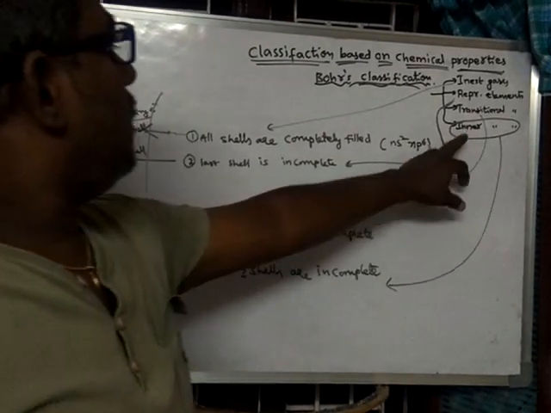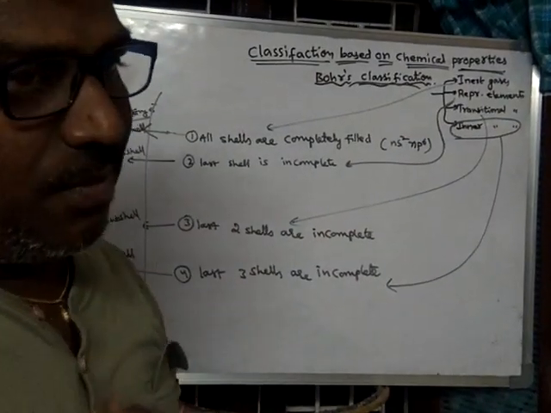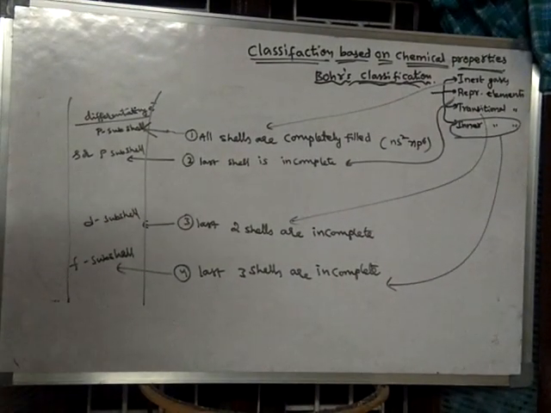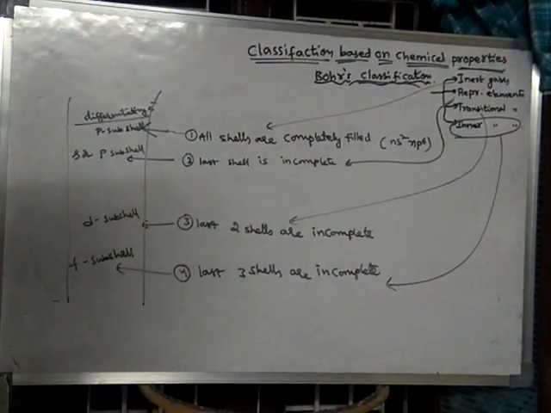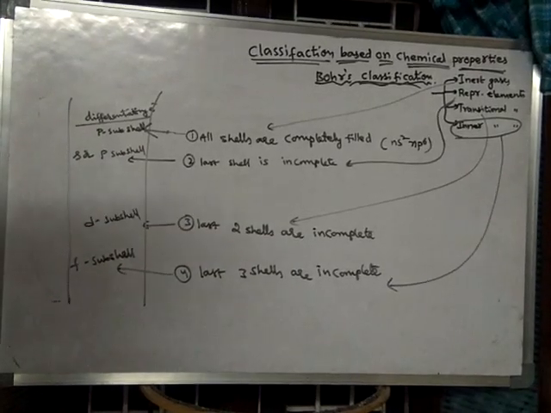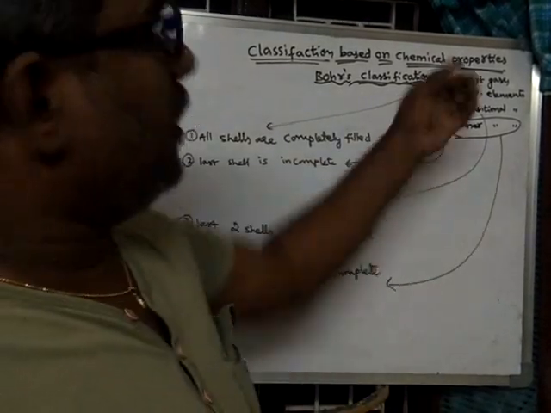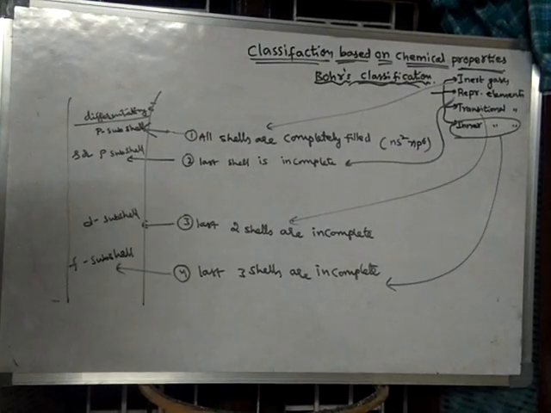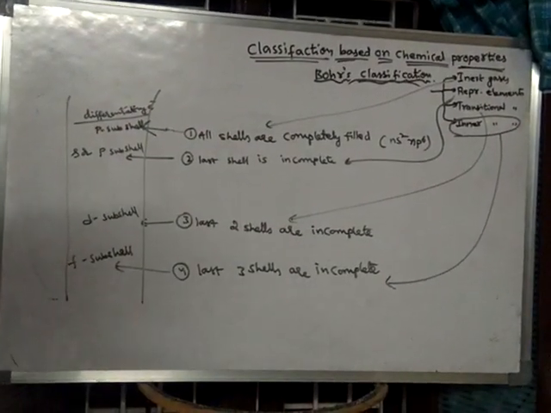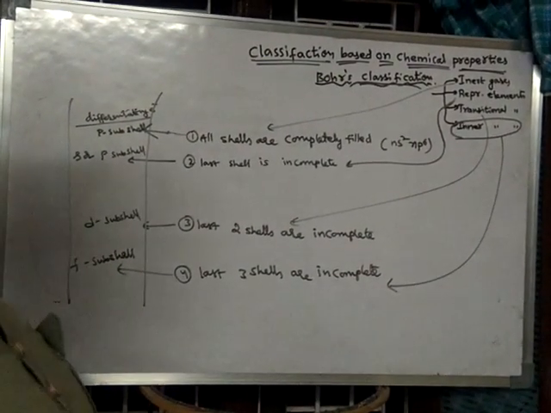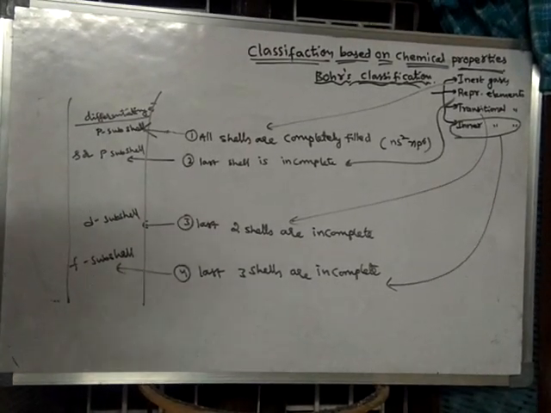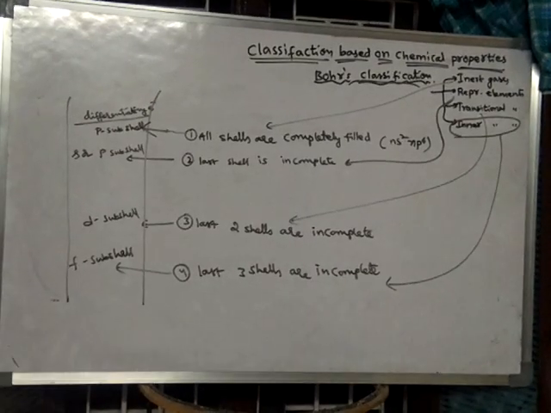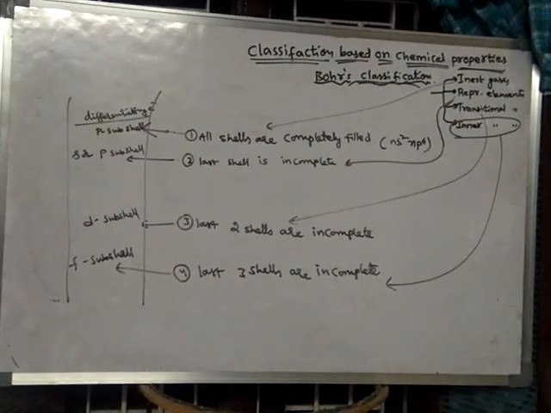That means inner transitional elements are f block elements. Transitional elements are d block elements. Representative elements may be s block or p block. And inert gases are p block elements. So like this, Bohr's classification explains the arrangement of elements. Okay, with this, Bohr's classification is finished.